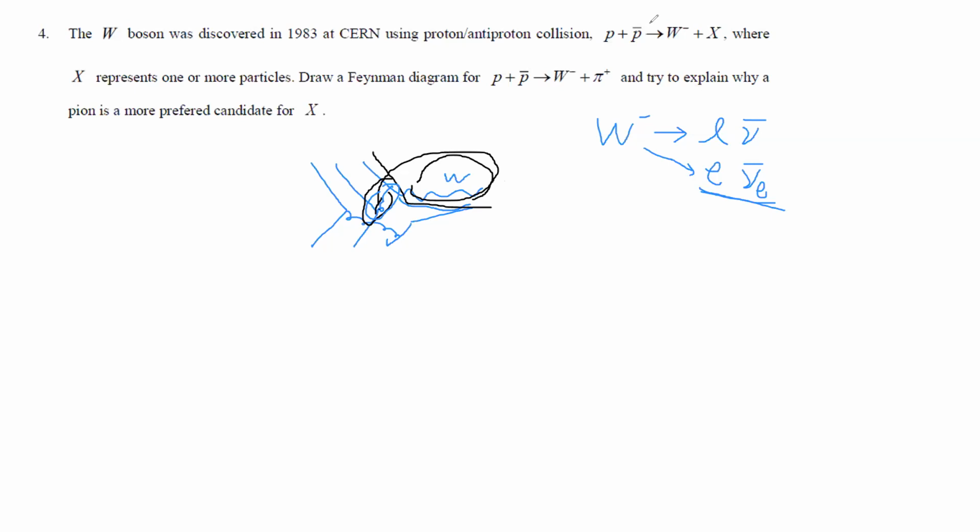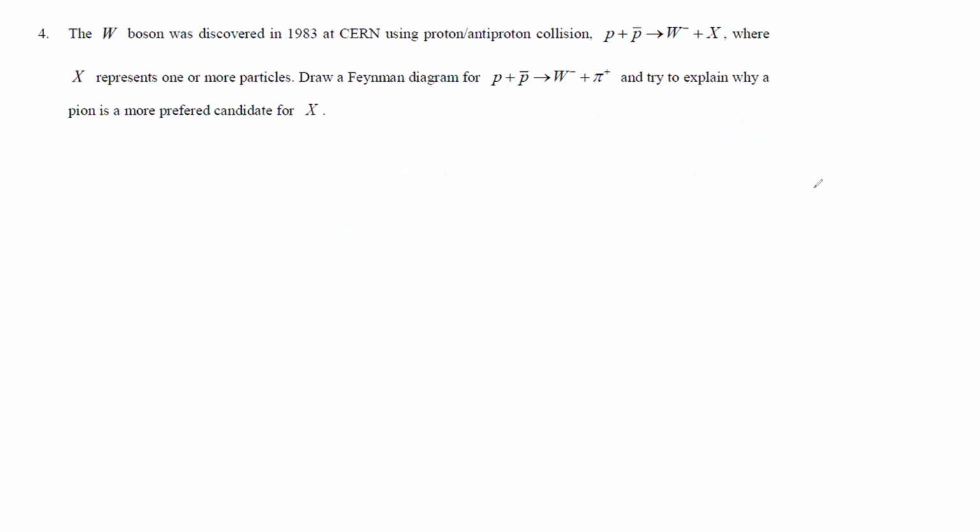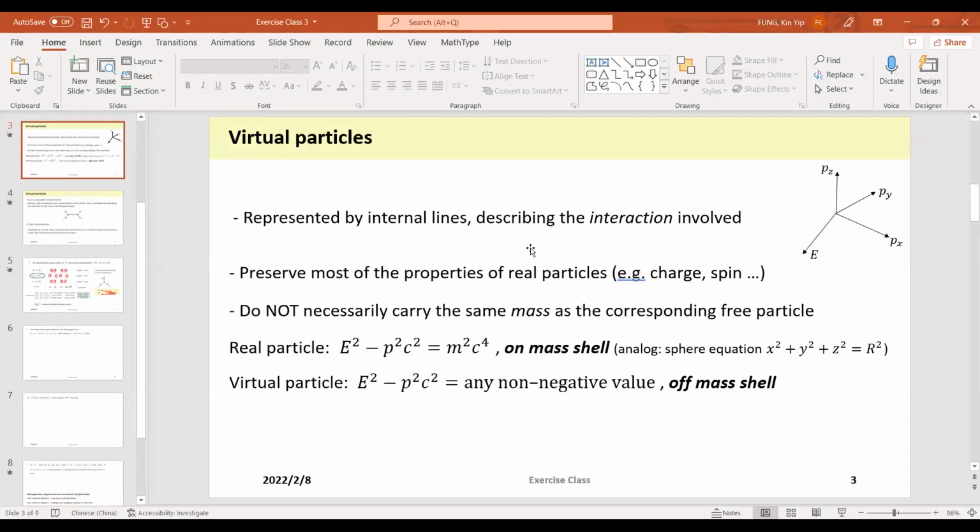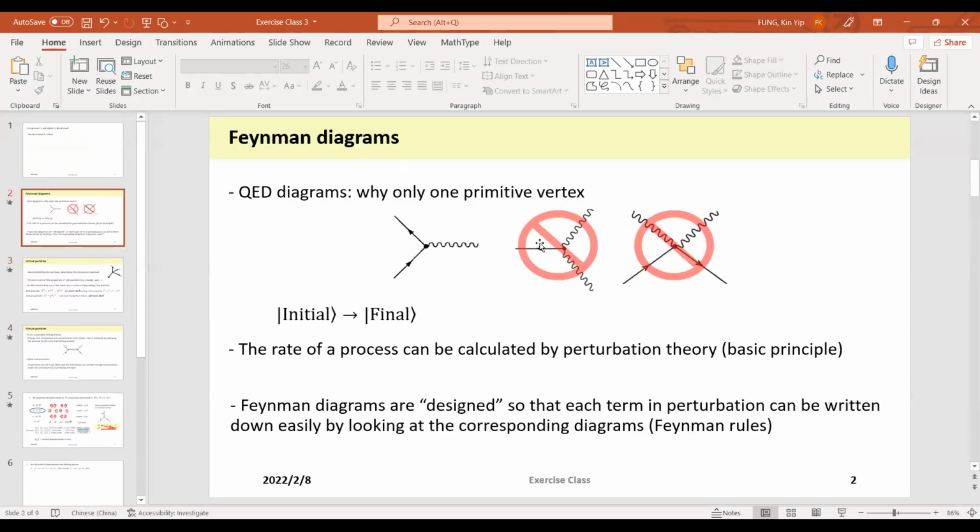The other one is about the very beginning, when we go back to the previous exercise class, when we talked about the Feynman diagram and allowed vertices, yes, exactly here. You said those two are not primitive vertices because they are not perturbation terms.